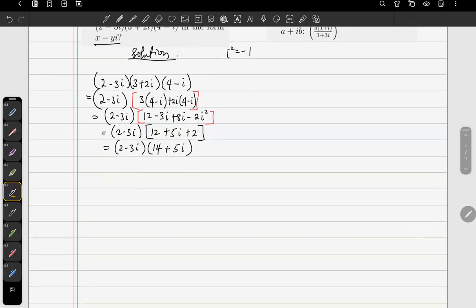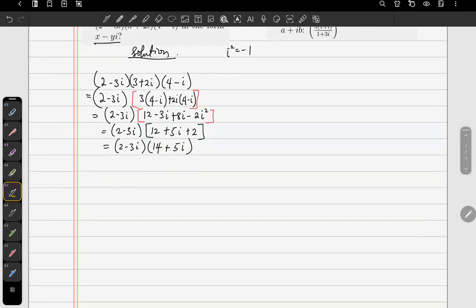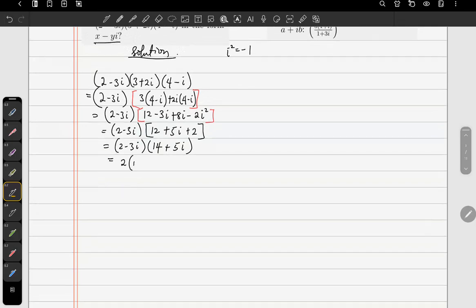If we put this together, we have again the same type of foiling we did. 2 minus 3i and 14 plus 5i, and this will give us 28 plus 10i minus 42i, then minus 15i squared. Then again, this is 28 minus 32i.